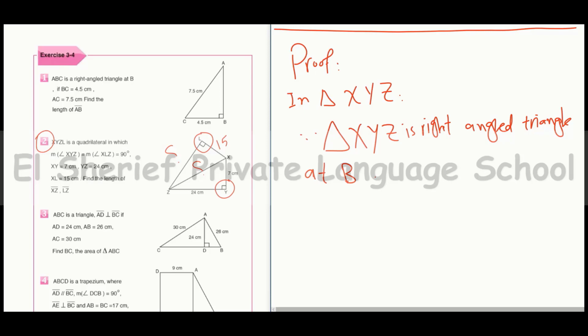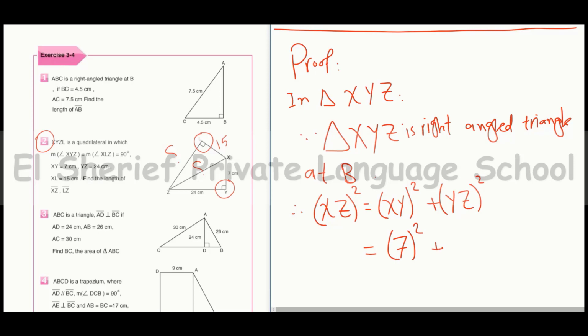So therefore XZ power 2 equals XY power 2 plus YZ power 2, which equals 7 power 2 plus 24 power 2, which equals 625.